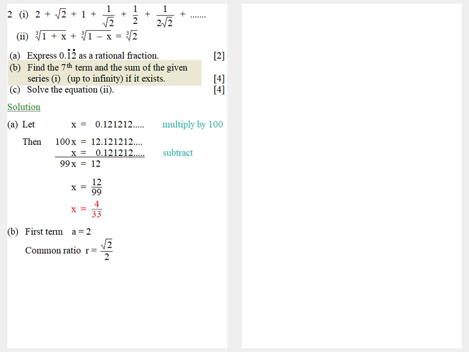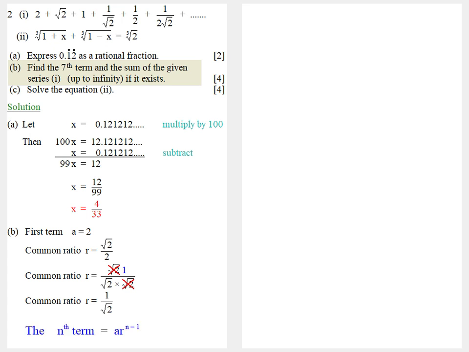So the common ratio r equals the square root of 2 divided by 2. But we can simplify that because on the bottom 2 can be written as the square root of 2 times the square root of 2. And then you can cancel the square root of 2 top and bottom, and that leaves r is equal to 1 over the square root of 2.